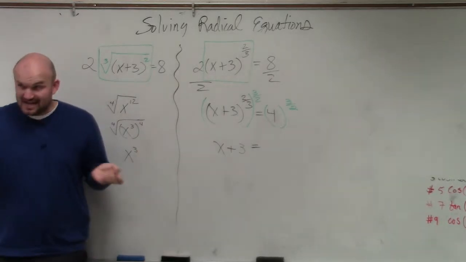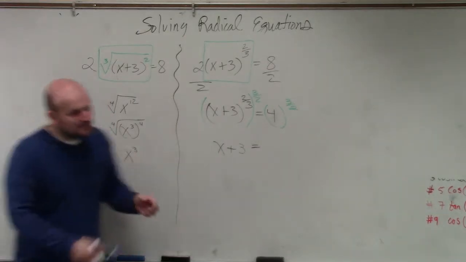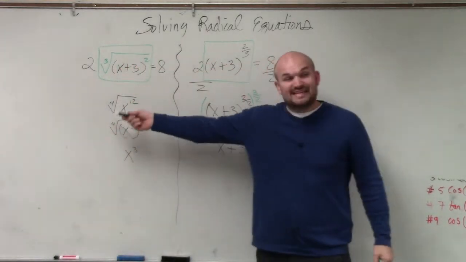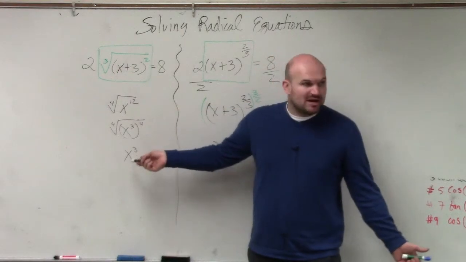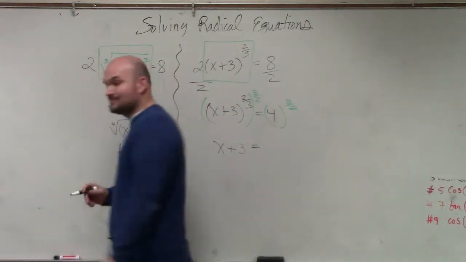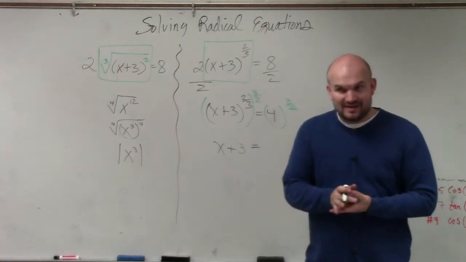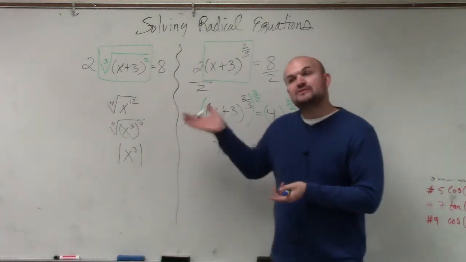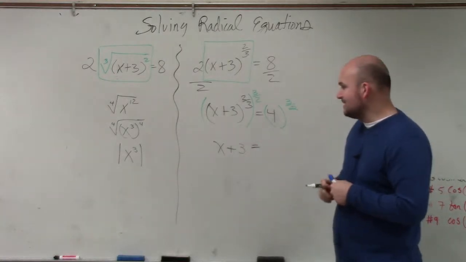One thing in 6-1 that I told you guys, whenever you have the even root or the even index, and your answer is a variable or an expression to the odd power, you have to use absolute value. Only time, whenever the index is even and your answer is raised to an odd power, you want to make sure you utilize the absolute value.